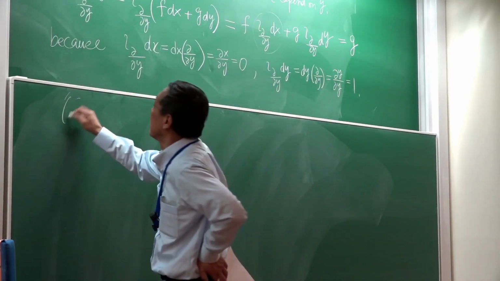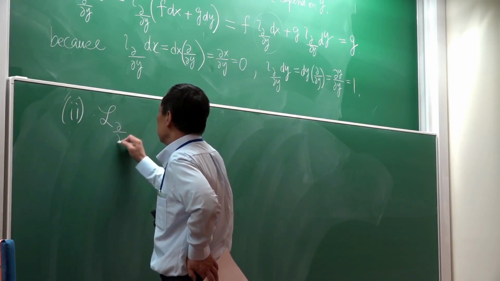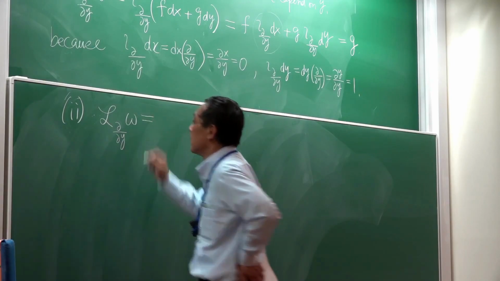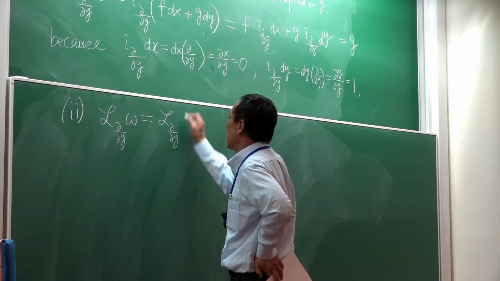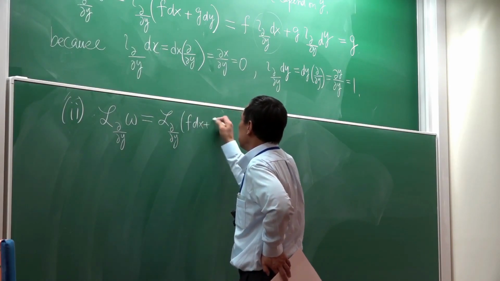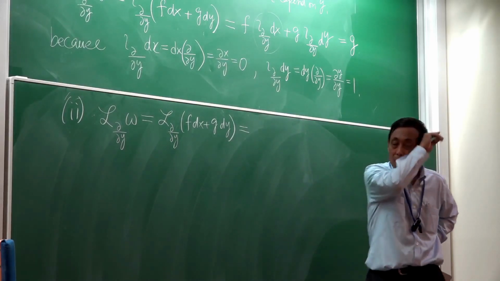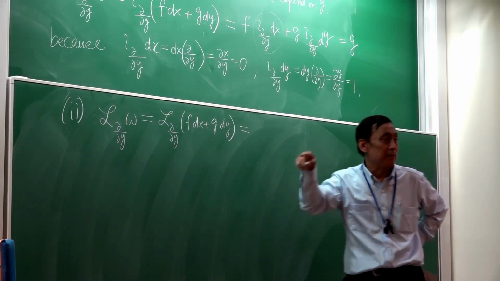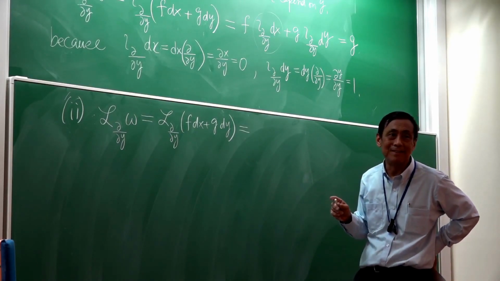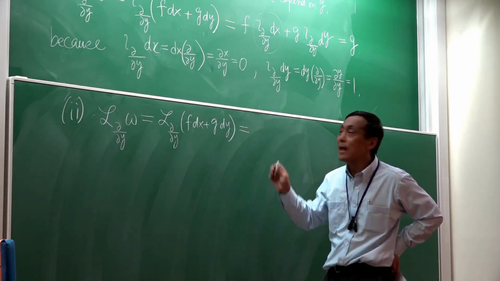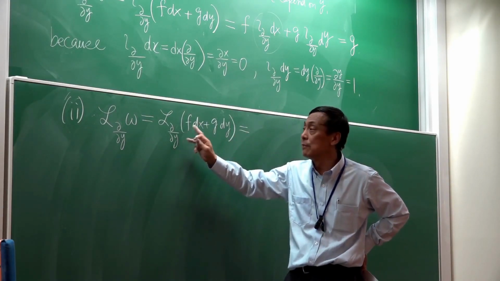And let's also calculate the Lie derivative with respect to d/dy of f dx plus g dy. Now you can't just take f and g out because the Lie derivative is not f linear. But you can apply the product rule.